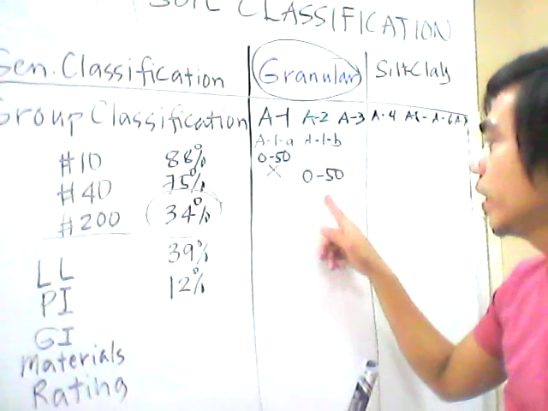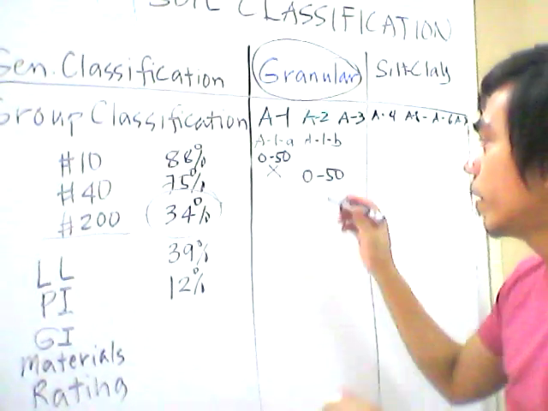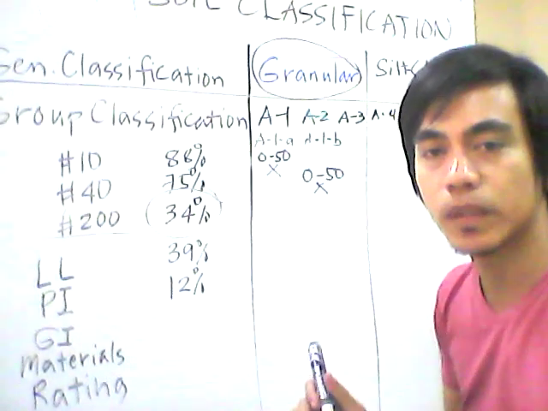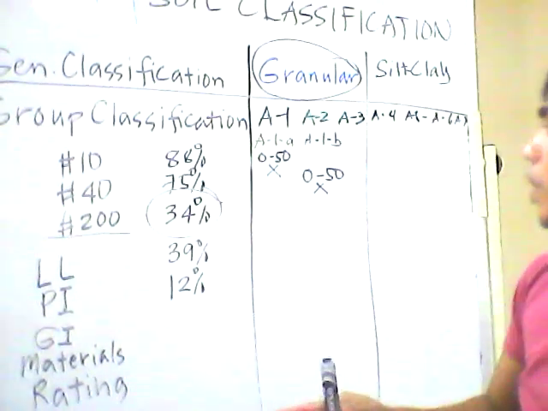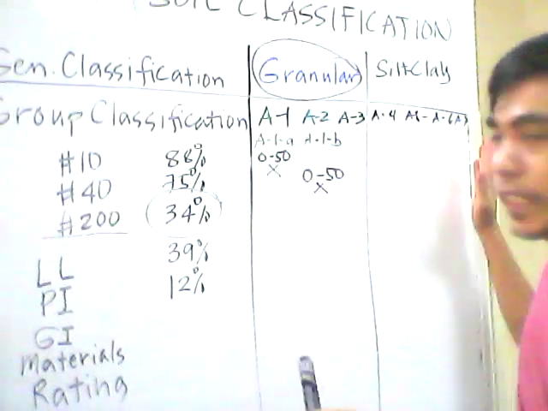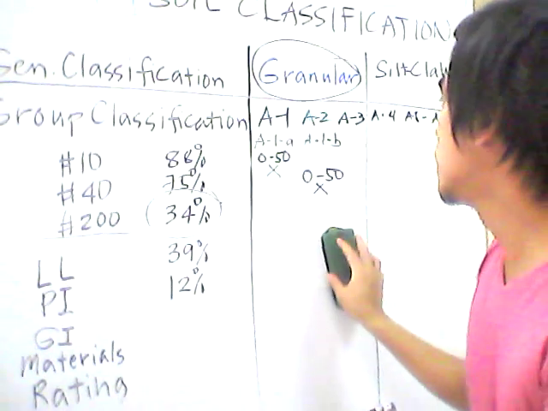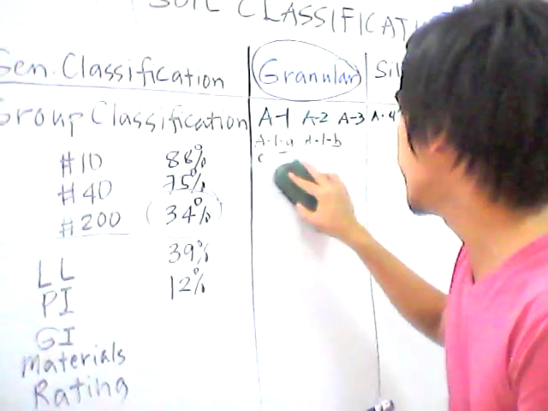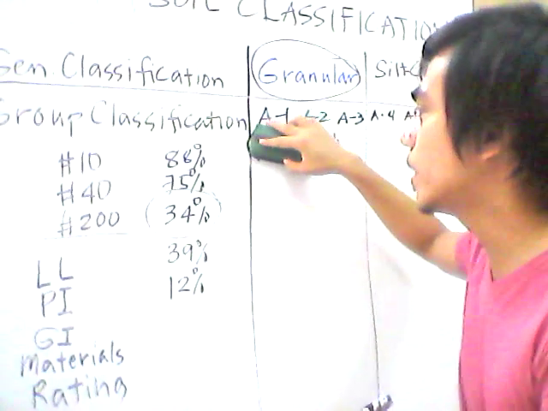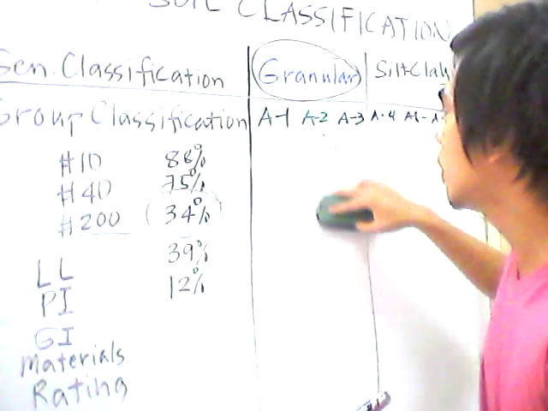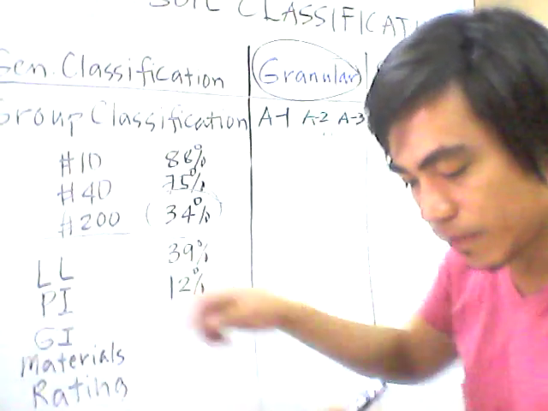AASHTO requires only from 0 to 50. Therefore, A-1-B is not our group classification. Going further to the right, we proceed to A-2 and A-3. So A-1-A and A-1-B are eliminated from our classification. We proceed to the next classification.